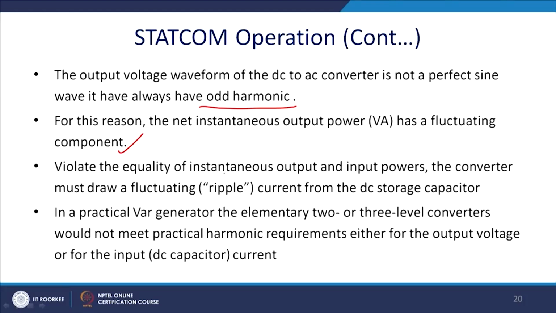To maintain the equality of the instantaneous output power and input power, the converter must draw a fluctuating ripple current from the storage capacitor. That is something you require to feed, that is basically the ripple power, that will be 0 over a period of time, but instantaneously there is a power available.